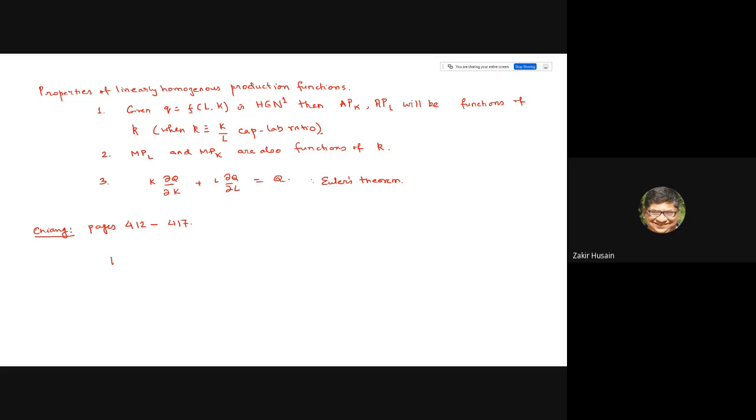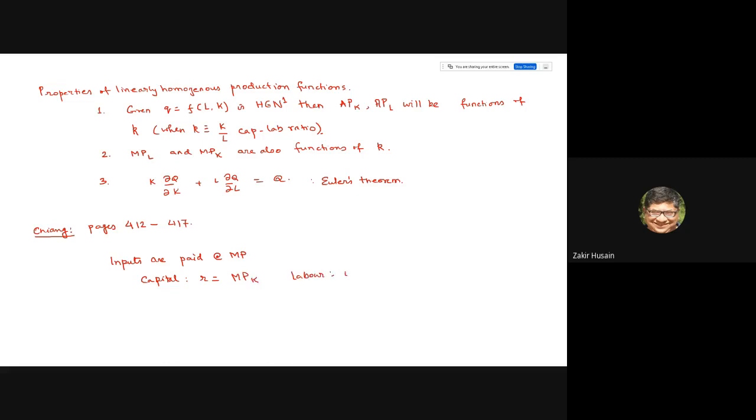Suppose inputs are paid at a rate equal to their marginal products. So in that case, how much will capital be paid? What is R, the price of capital? It is simply MPK. And how much is labor paid?